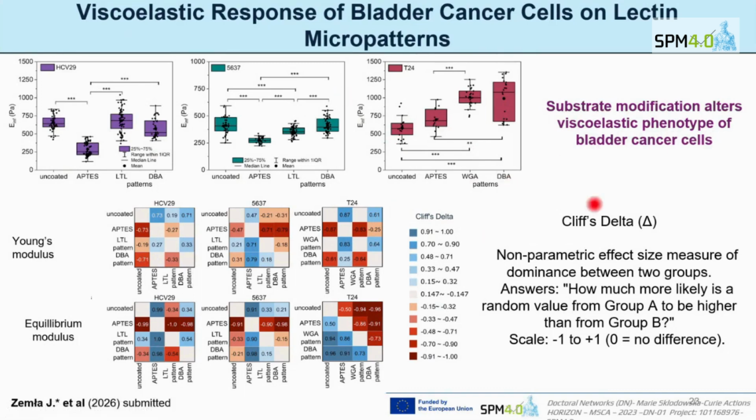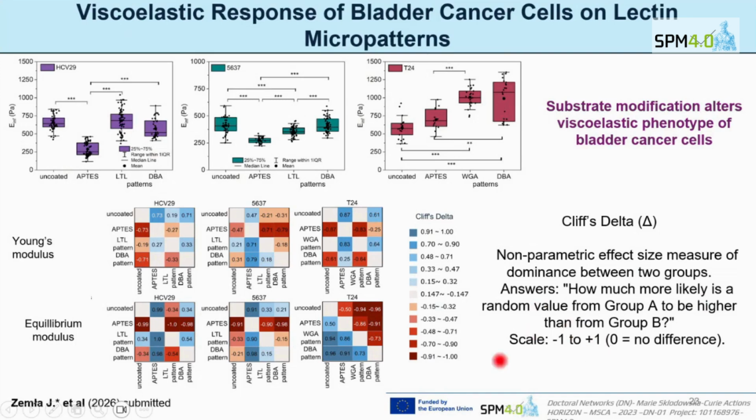This conclusion is evaluated by applying statistical analysis called Cliff's delta. These are just heat maps showing how much more likely it is that a random value from one group is larger or lower than a random value from the other group.